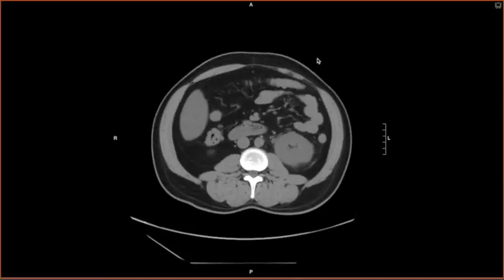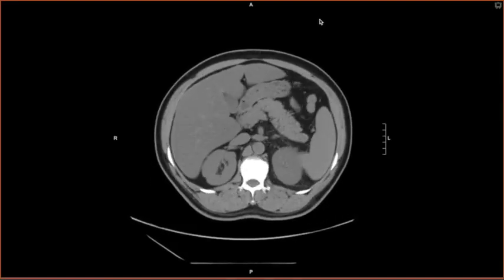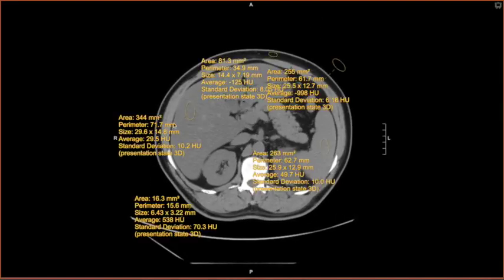The soft tissues that we've selected up here are the liver and the spleen. The liver here measures an average density in that area of 29 Hounsfield units, and the spleen here measures an average of 50. Then we have selected a rib here, where we've selected a little bit of cortical bone, but also some of the bone within, and it's a lot higher number. The density here is 538 Hounsfield units.